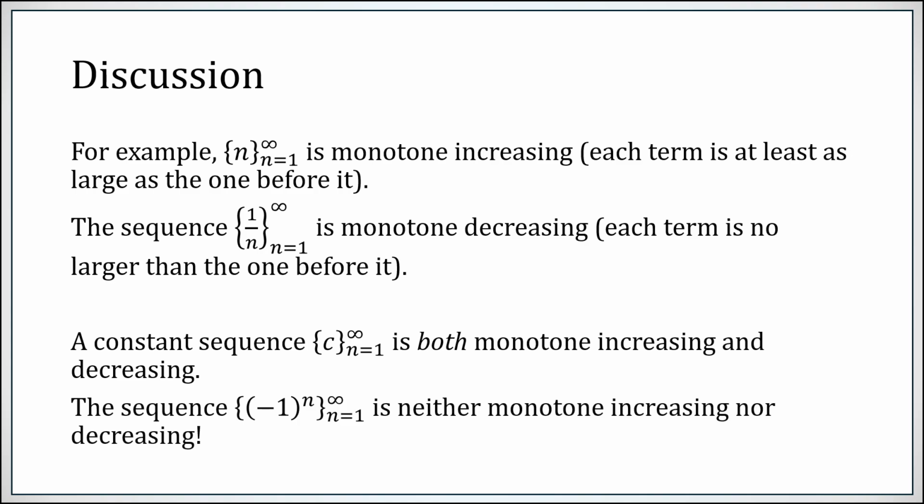But the sequence minus 1 to the n is neither monotone increasing nor monotone decreasing. 1, minus 1, 1, minus 1. You go down from 1 to minus 1, but then you go up from minus 1 to plus 1. Since the same inequality cannot be held from every term to the next one, you are not monotone increasing, but you are also not monotone decreasing. Do not think that calling a sequence not monotone increasing automatically means it's monotone decreasing. Most sequences will be neither.